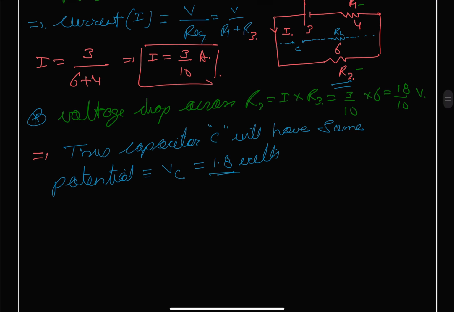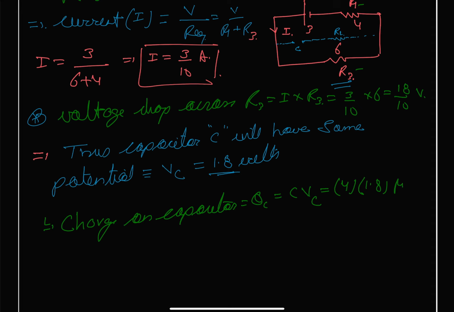So the charge on capacitor, let us call that QC, will be equal to C multiplied by VC, and C is given to us as 4, and this is 1.8, and this is microcoulomb.